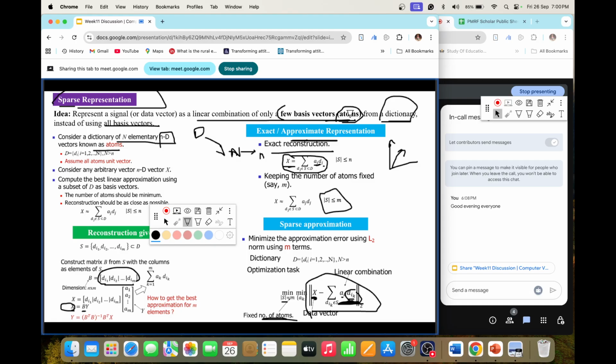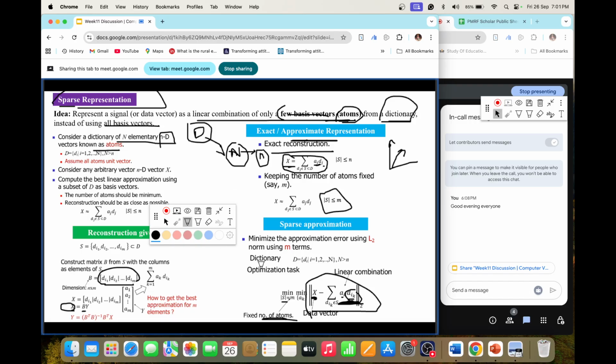So for dimensionality reduction we have to take only a few basis vectors. D is the whole dictionary, and the dictionary has a total of capital N atoms, or basis vectors. From these capital N basis vectors, we will only take small n basis vectors, and the rest we will ignore. By this we are doing dimensionality reduction.